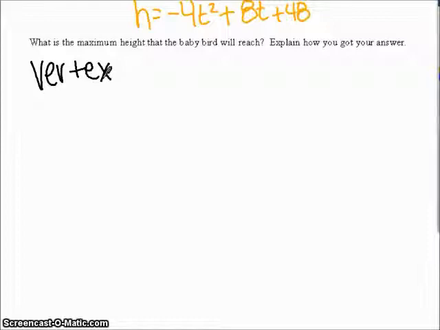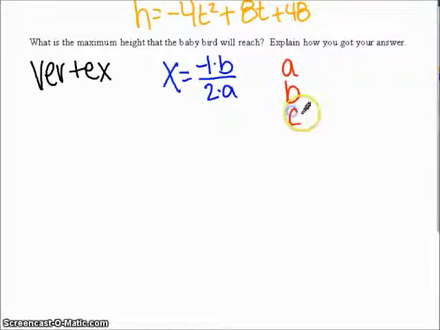Since this equation is not factorable, we will have to use the formula x equals negative 1 times b over 2 times a to help us find the vertex. So like before, when we identified a, b, and c, we're going to have to do that again, where a is negative 4, b is 8, and c is 48.